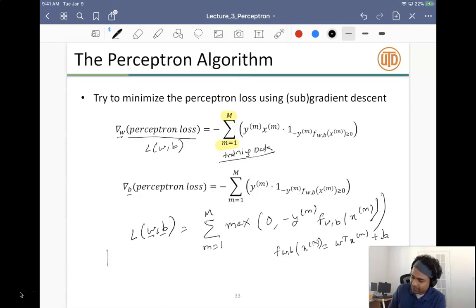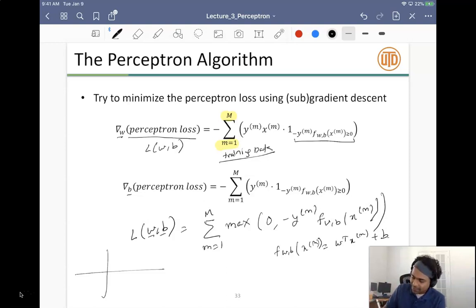If the negative of this term, minus ym times f, is greater than or equal to 0, that means ym times f is less than or equal to 0, right?